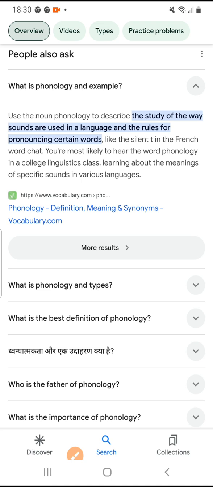You are most likely to hear the word phonology in a college linguistics class, learning about the meanings of specific sounds in various languages. So we learn about the meanings of specific sounds in various languages.